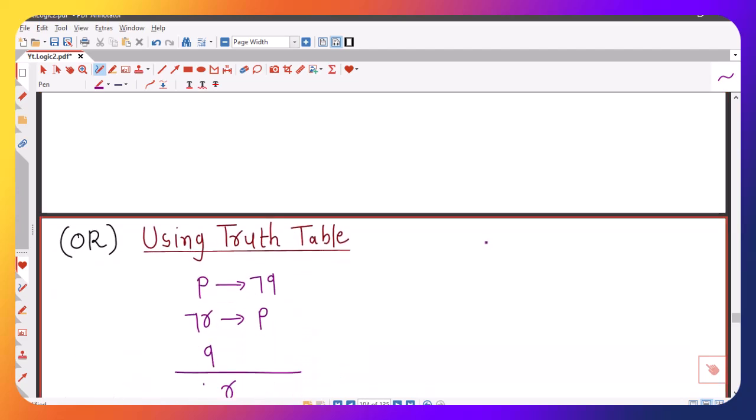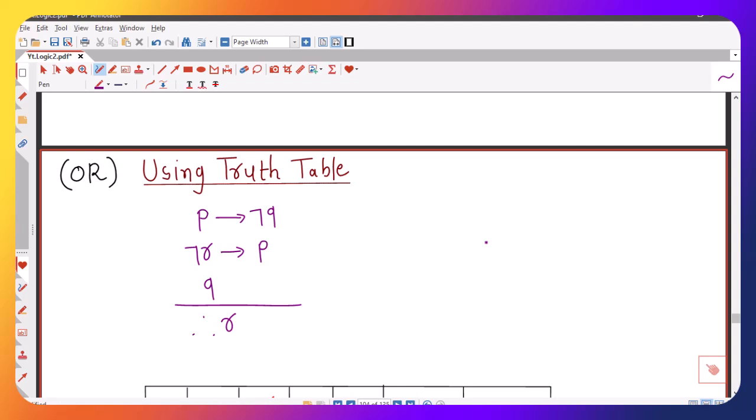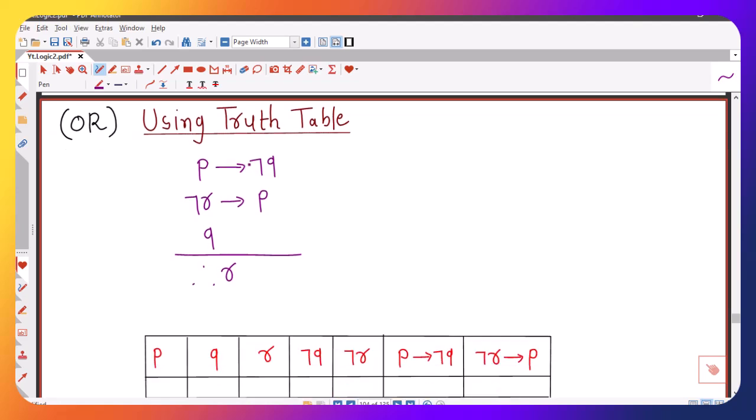So I am using a truth table now for the same argument form. I have written that argument here. P implies negation Q, negation R implies P, and Q. These are the premises, and the conclusion is R. Now in the use of a truth table, we can say that this argument is valid if the conclusion is true whenever all premises are true.